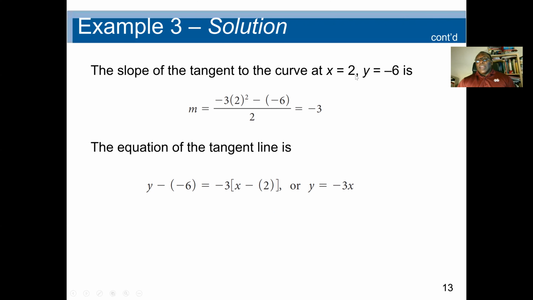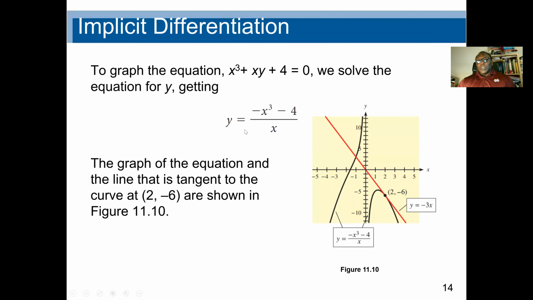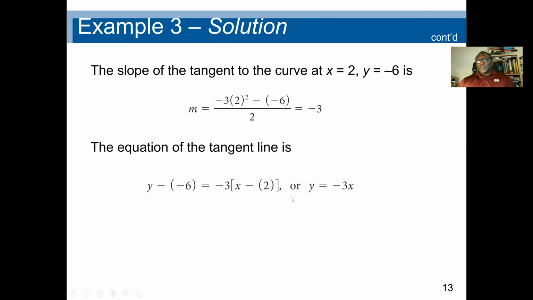So y1 and x1 will be the values 2 and negative 6 here. So we plug in y1 negative 6, x1 positive 2 here. When we simplify the equation, our final answer will be y equal to negative 3x.